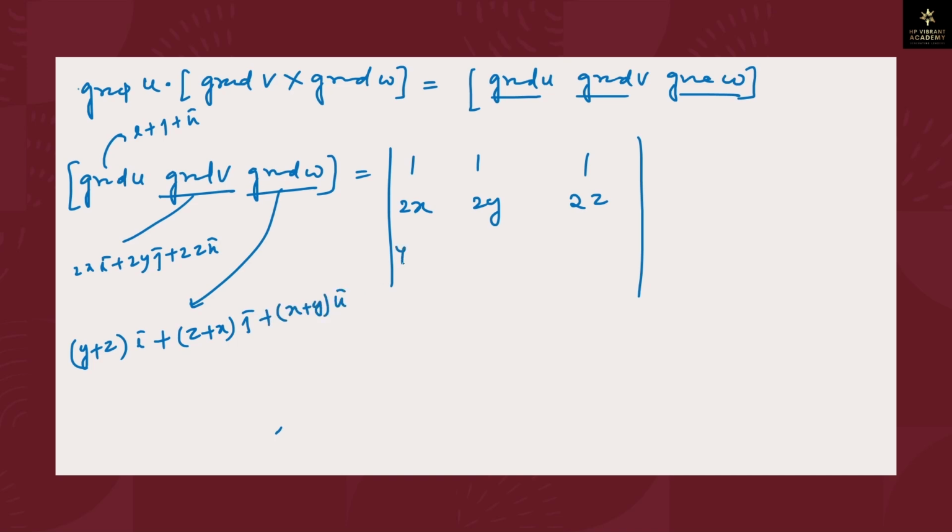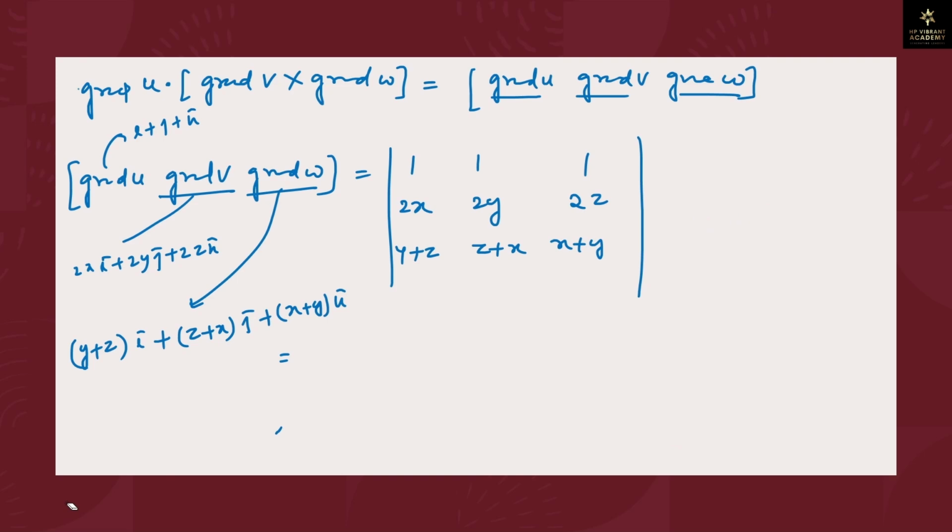Now let us apply the row transformation. From here, for R2, let us take 2 outside first.